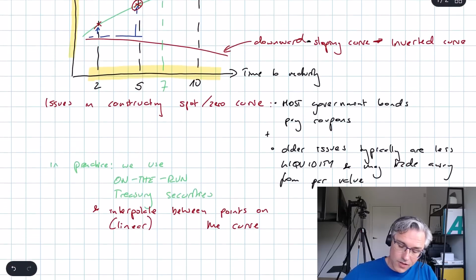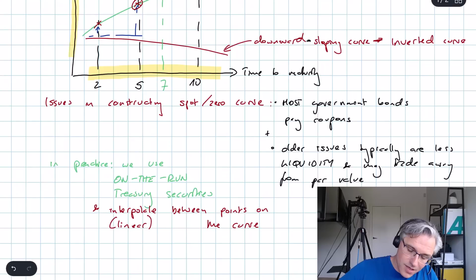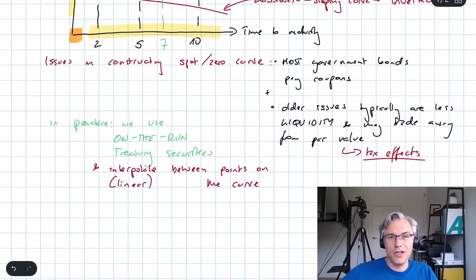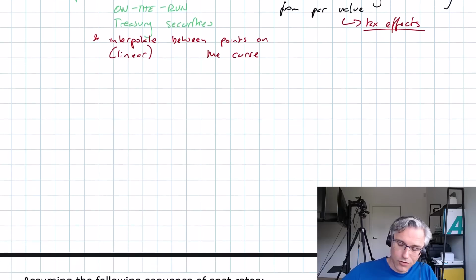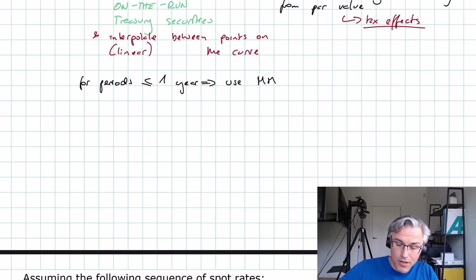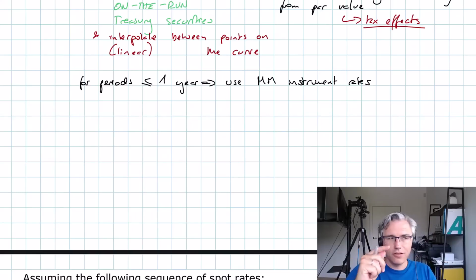And of course, over here you'll also have a segment for yields on instruments that are less than 1 year or maximum 1 year to maturity. So for periods up to and including 1 year, we will typically be using money market instrument yields, money market instrument rates. But here it's very essential to make sure that we convert to the same basis, the same periodicity as with the bonds.